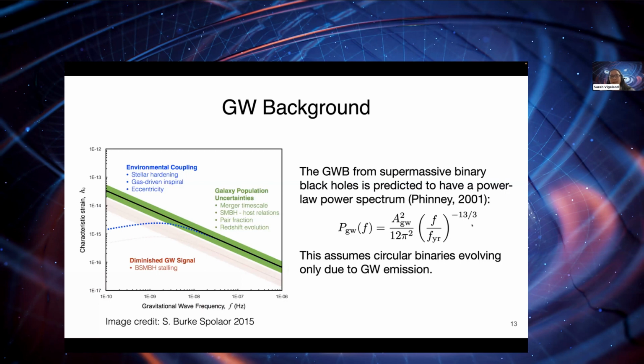Okay, so at very low frequencies, the slope of the spectrum would be different, and then it would turn over when it reaches the region where the orbital evolution is dominated by gravitational wave emission. Okay, so there's a lot about the population of supermassive black holes and their environments that we can learn from observing the gravitational wave background.